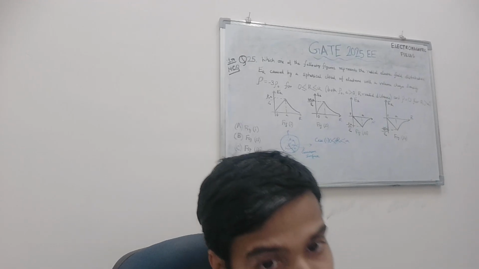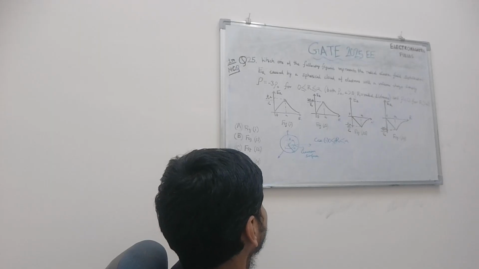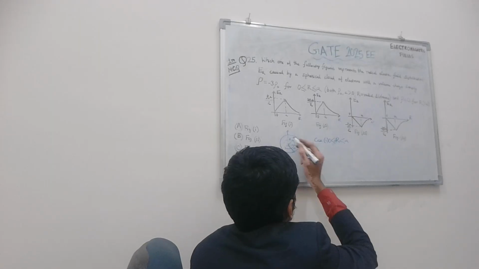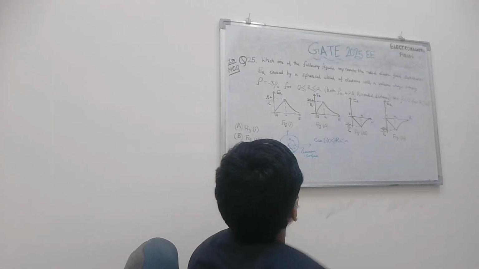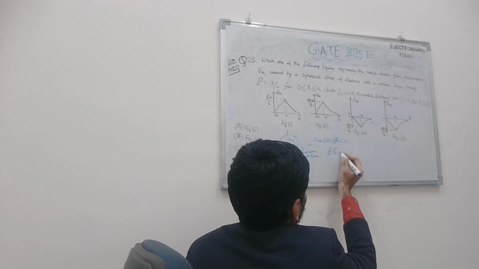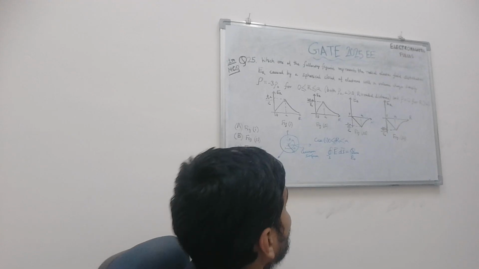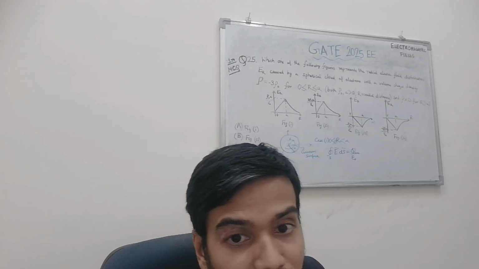applying Gauss law over this yields what? The surface integration of E dot ds equal to Q enclosed by epsilon naught. Now Q enclosed is given by what?